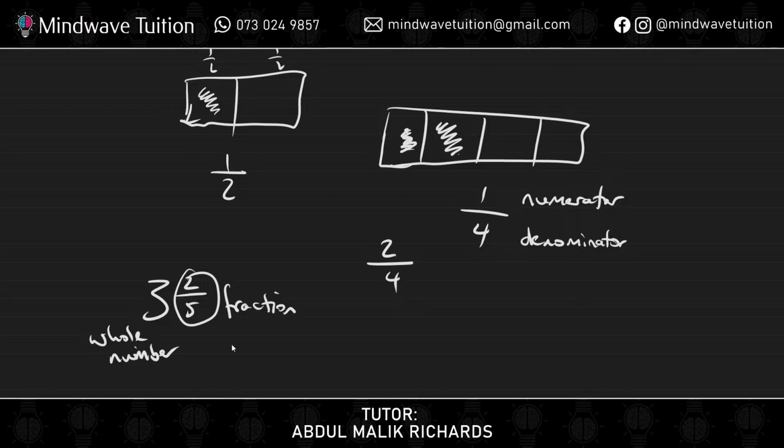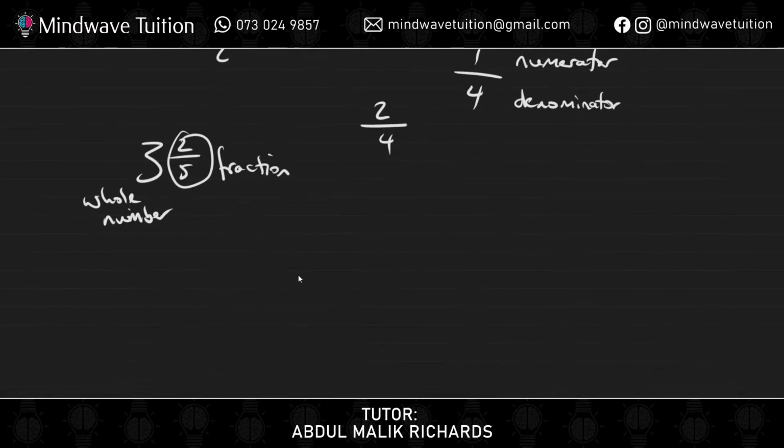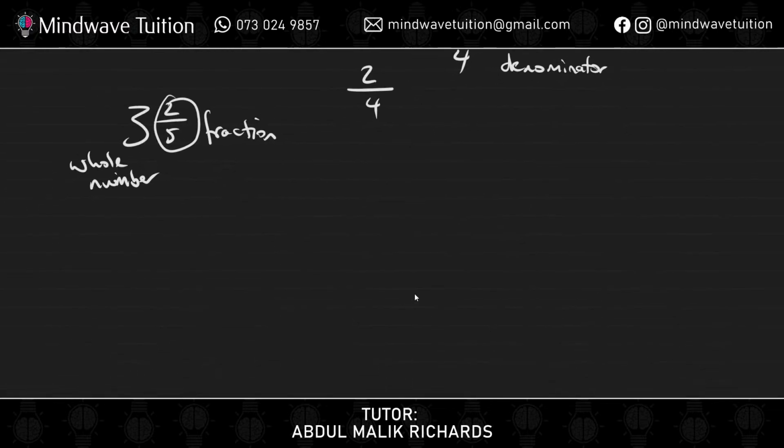So what that means is, as I said in the previous part, we had two parts colored in of the 4 blocks. But this 3 means that there are 3 whole blocks as well. So we have 3 whole blocks and 2 of, in this case, 5. So that's just what a fraction can look like.